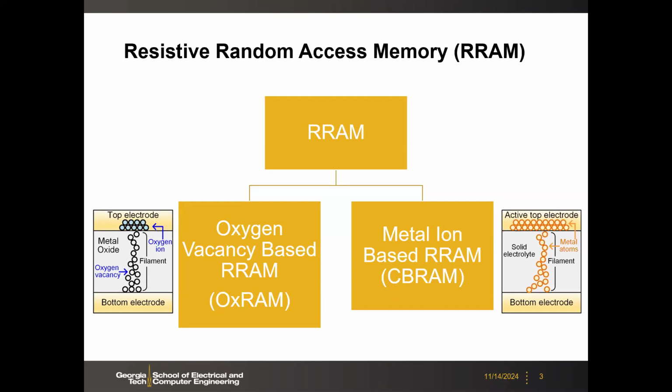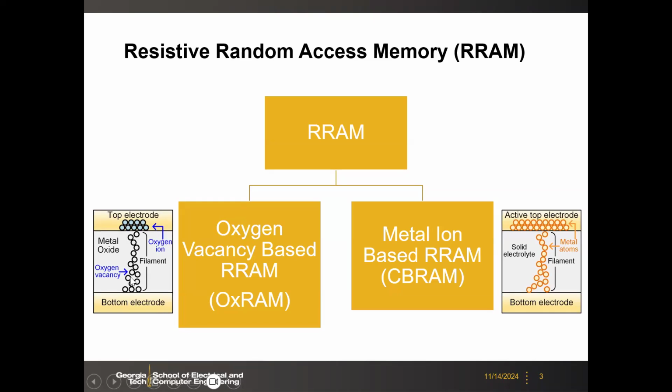At the high level, there are two subcategories of the RRAM technology, and we can classify that into two device types. The first one is the oxygen vacancy-based RRAM, or sometimes people call it OxRAM, oxide-based. Here the mechanism is due to the filament formation within the oxide layer between two electrodes.